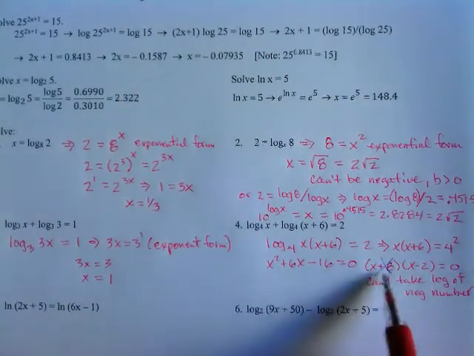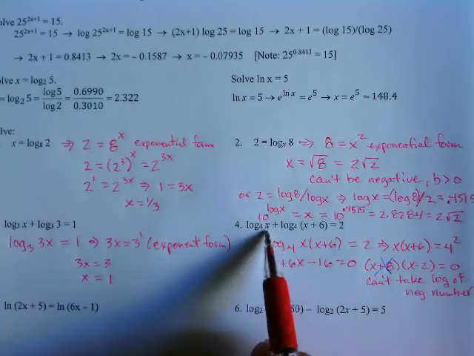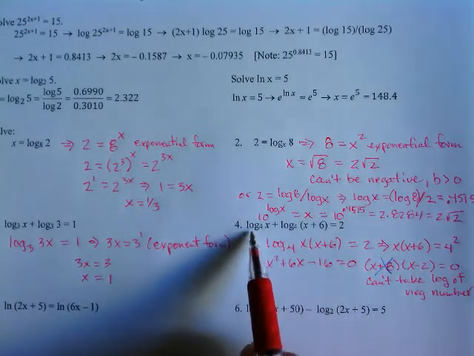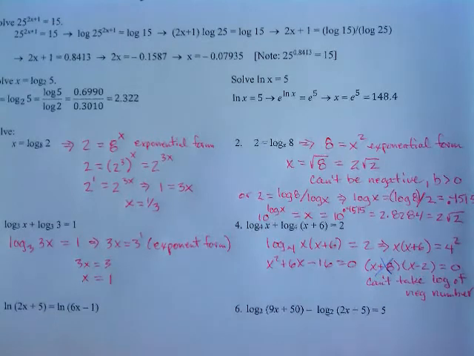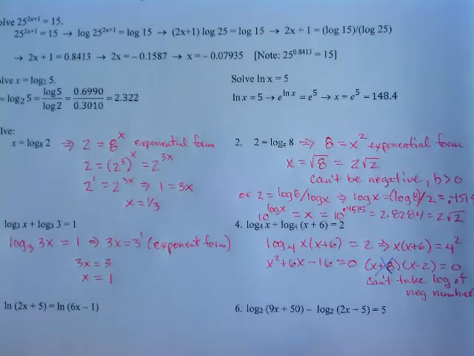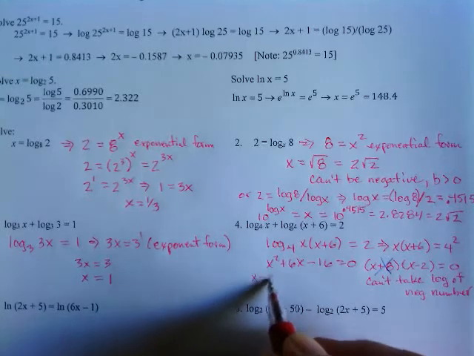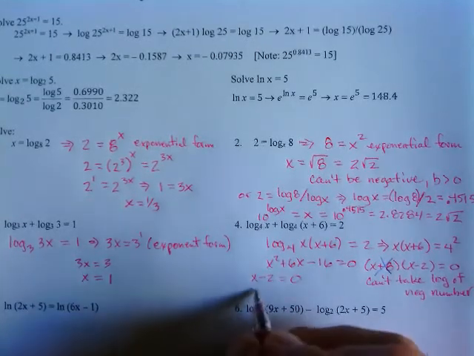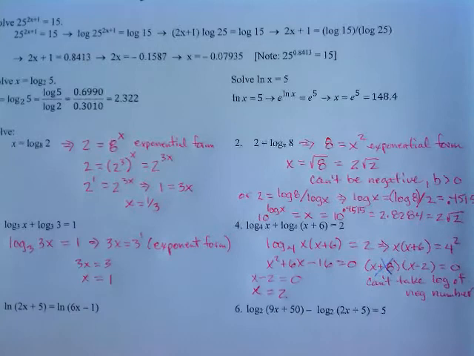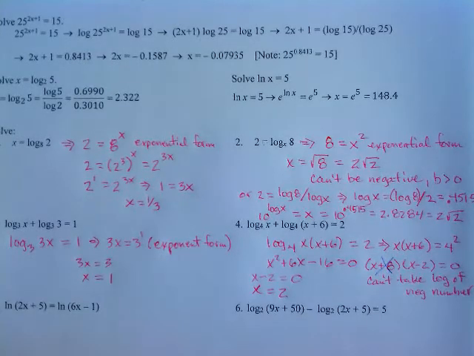And note, if this was solving for x and we went back up here, we would be taking log base 4 of x. That x cannot be negative. So that just gives us then x minus 2 equals 0, or x equals 2 for our answer.